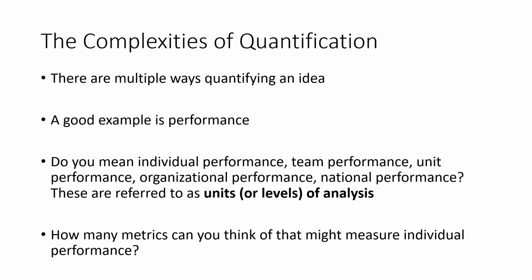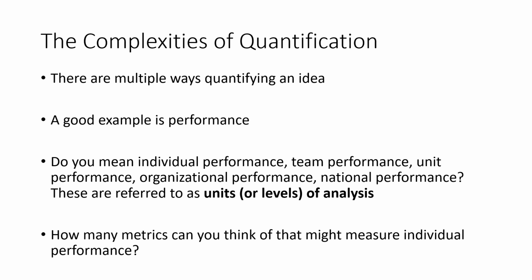Performance is probably the most quantified variable in all of management research, because what management researchers are trying to do, generally speaking, is to look at how different factors or different policies or procedures might be related to performance. But what do we actually mean by performance?